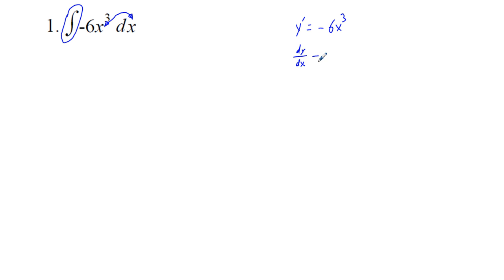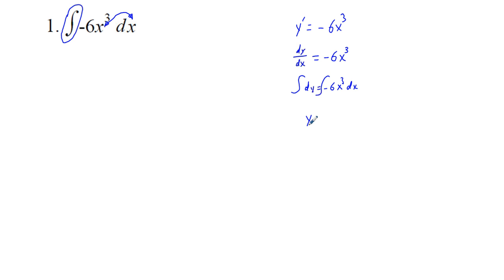So you have dy dx equals -6x cubed, and then to solve this in terms of dy, if we cross multiply the dx, we have dy is equal to -6x cubed dx. And now with this in place, we can integrate both sides of the equation.